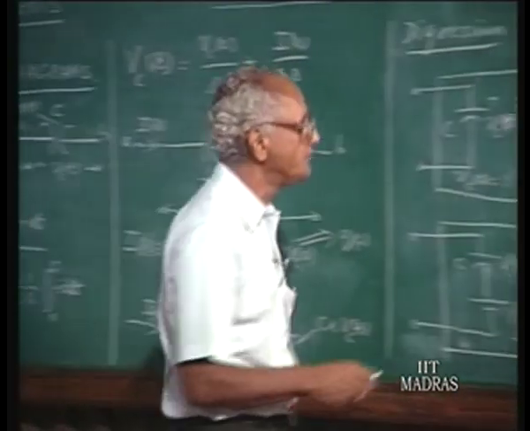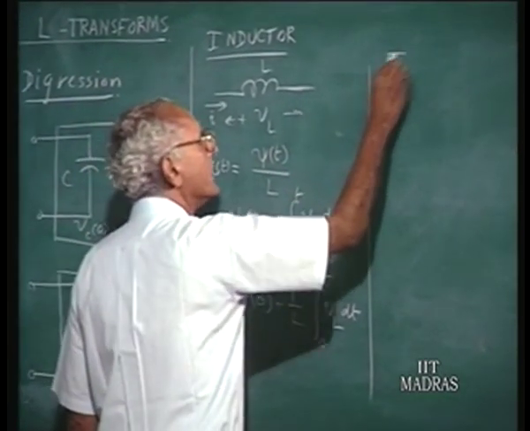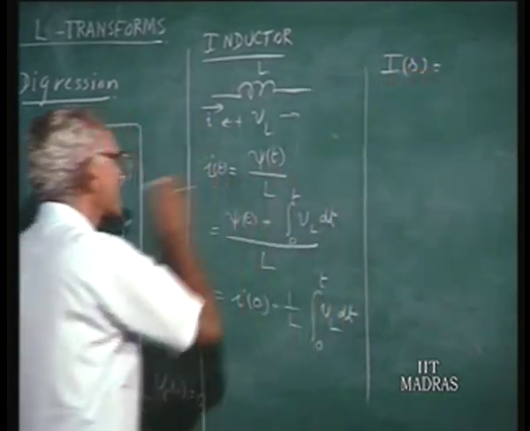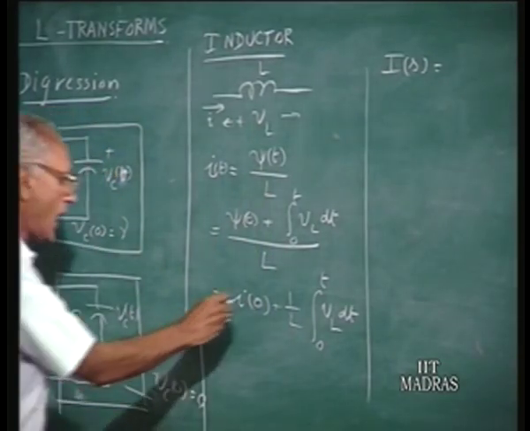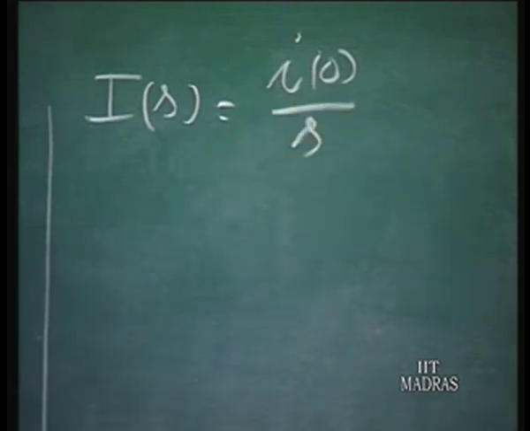Okay. So, taking Laplace transforms of these quantities, we have I(s), the Laplace transform of i(t). I0 is a constant, therefore I can write this as I0 over s, that is the transform of this.